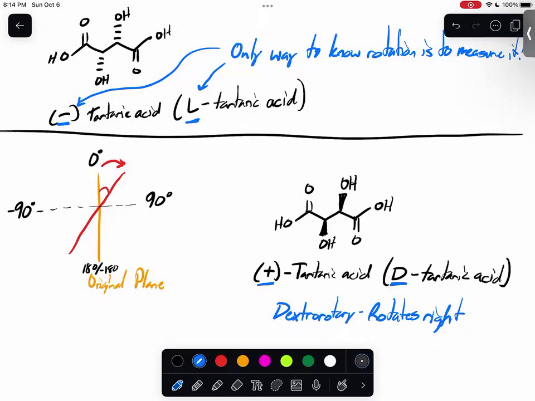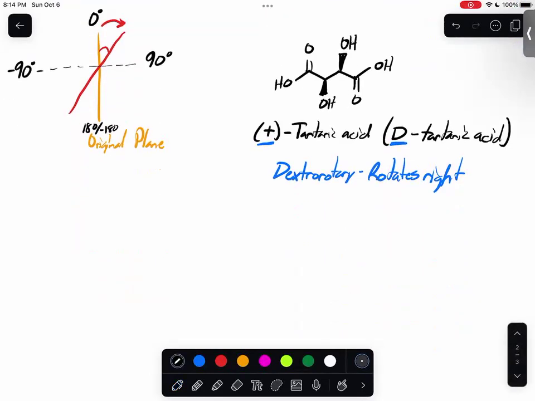And with that rotation, there's a way to quantify it, because every enantiomer is going to rotate light a certain amount. This rotation is what we call specific rotation.